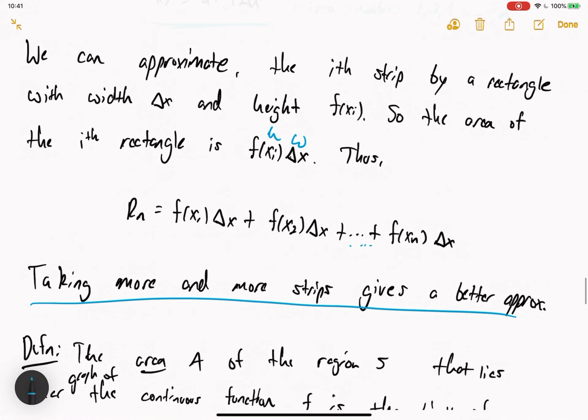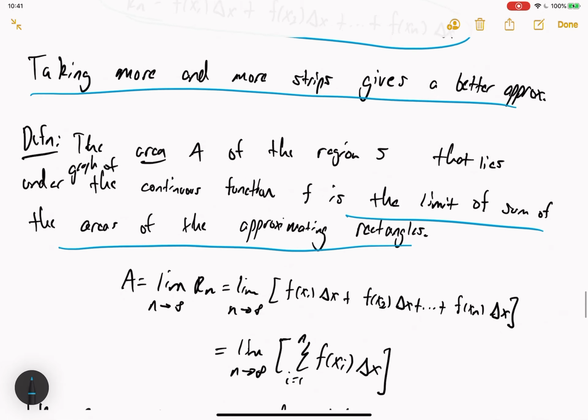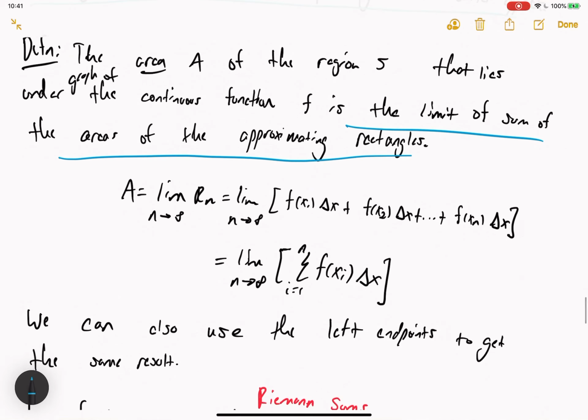If we take n, the number of strips, to go to infinity, then A will be equal to the limit. We're going to get more and more rectangles, but the width has to get smaller, but that's okay. We're going to get better and better approximations.